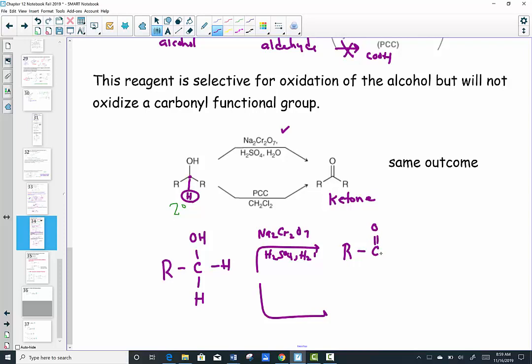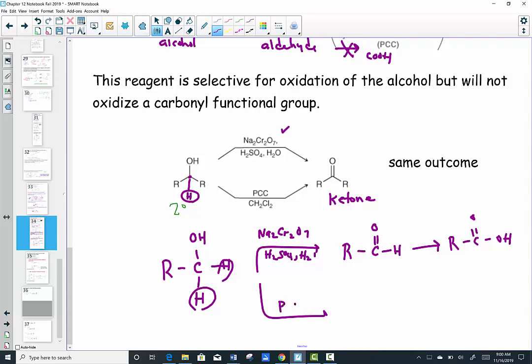primary, so that one of these hydrogens still remains, and then immediately goes on to form a second product of the COOH, that we have both steps in oxidation, 2 hydrogens, 2 oxidative steps in a chromium acid.